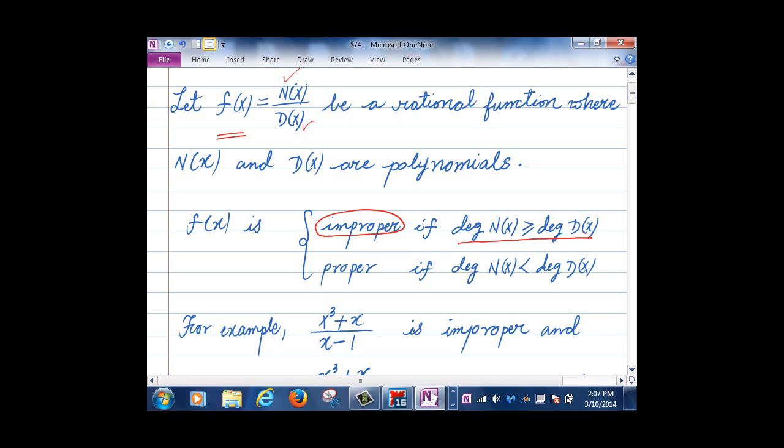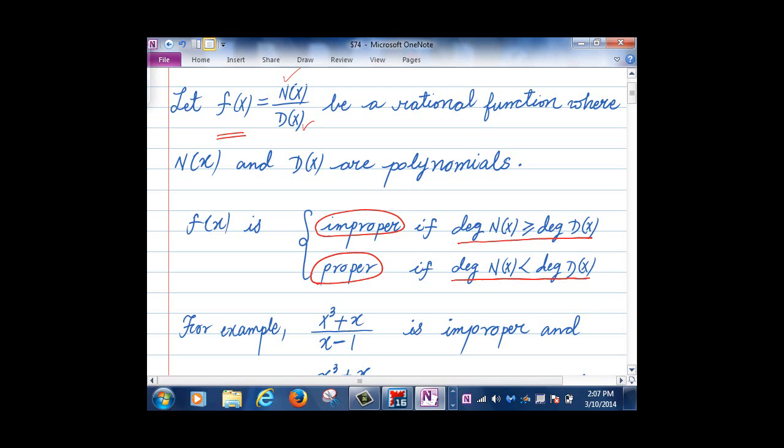And we call the rational function f of x proper if the degree of the numerator is less than the degree of the denominator.